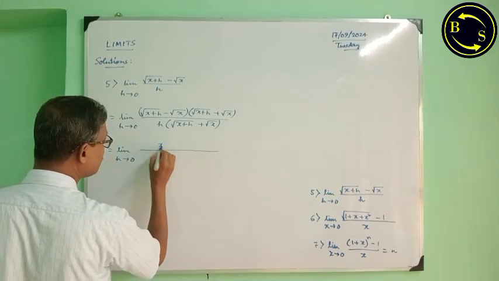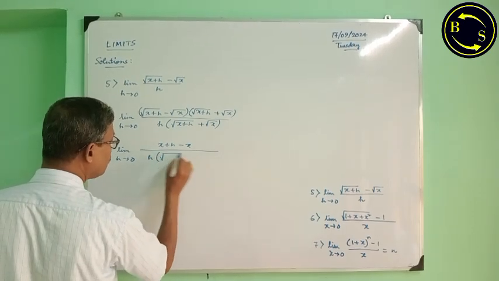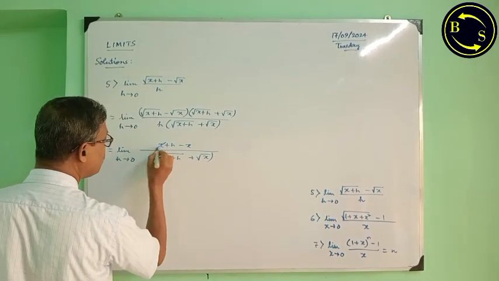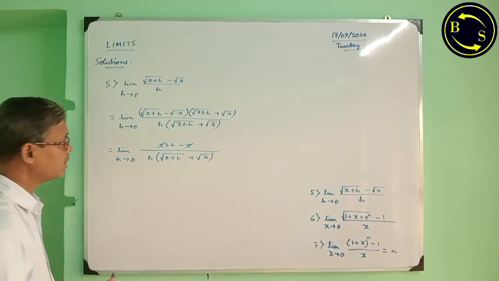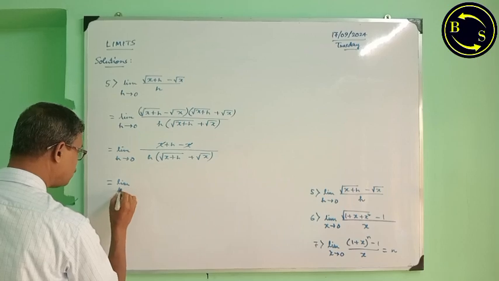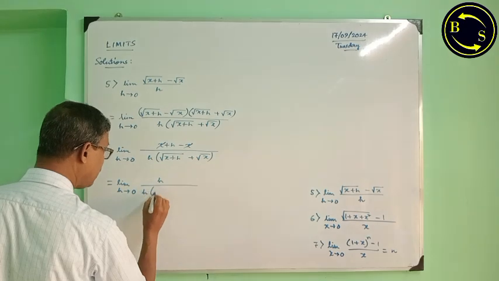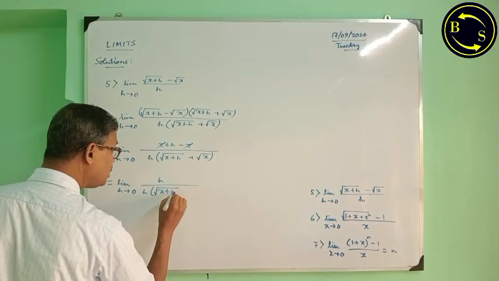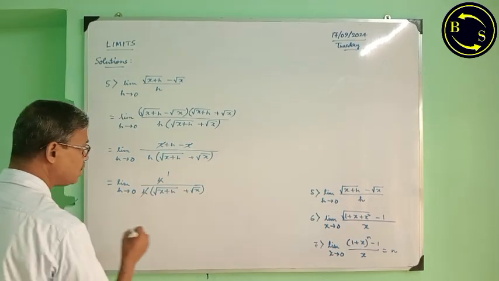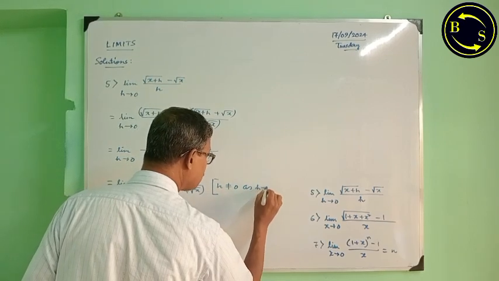The product is x plus h minus x, over h into root over x plus h plus root x. Here x cancelled. Finally limit h tends to 0, h over h into root over x plus h plus root x. Now h are cancelled since h not equal to 0 as h tends to 0.